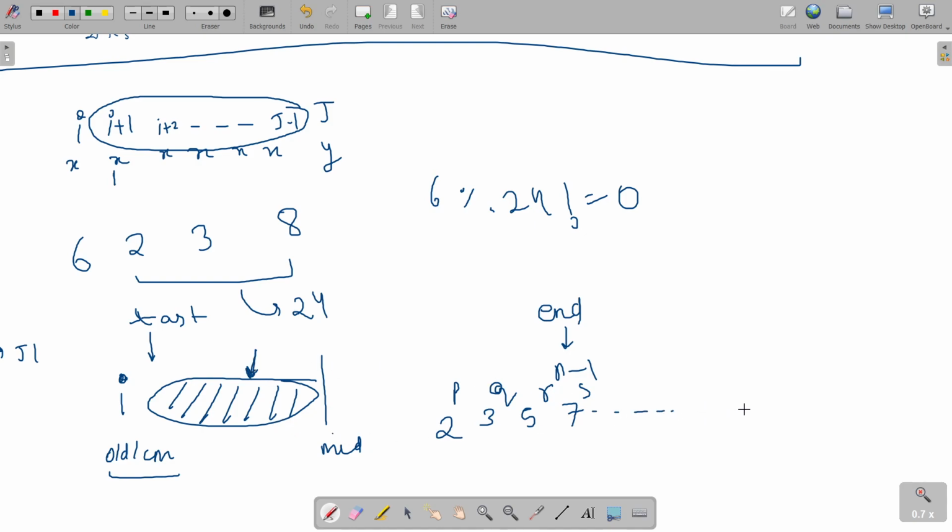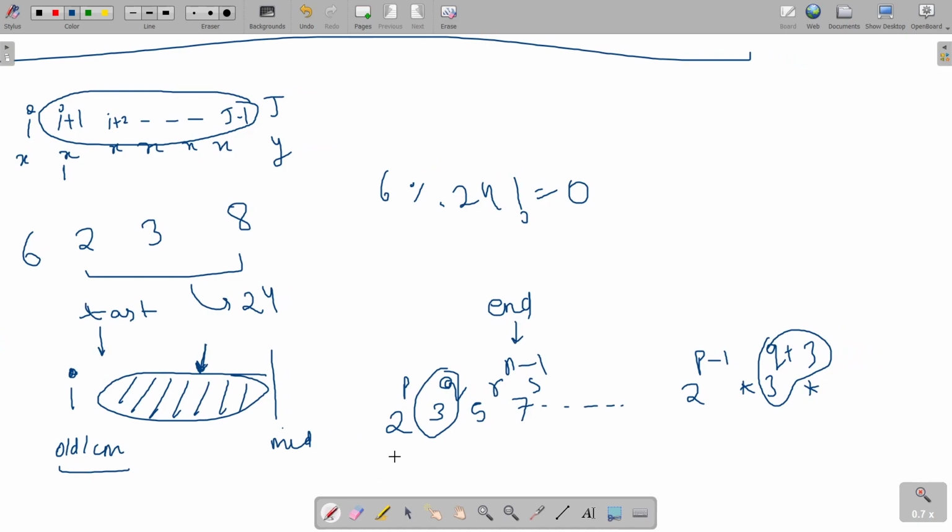That new number must have some additional power. That number may be of the form 2 to the power p minus 1 into 3 to the power, let's say, q plus 3. Originally the power of 3 was q. Here, this number has power greater than q. So this number will definitely change the old LCM if we consider it.